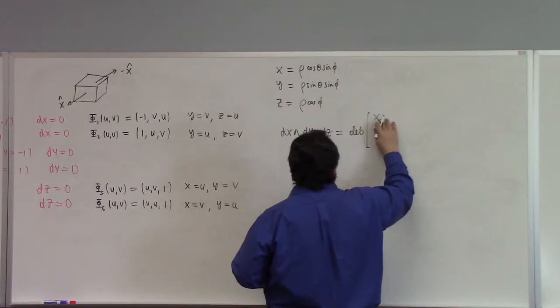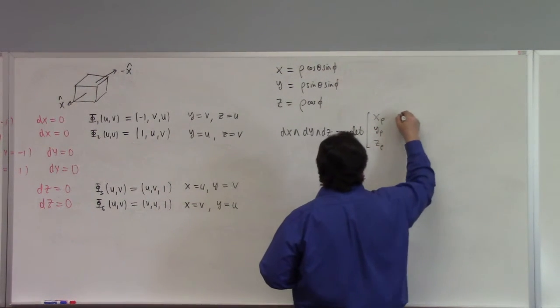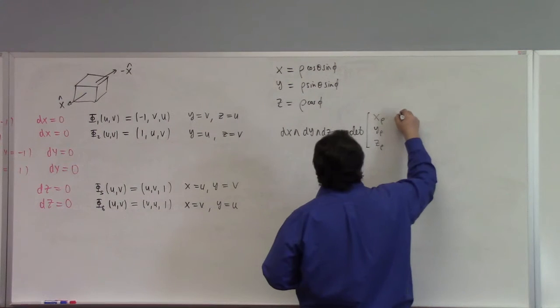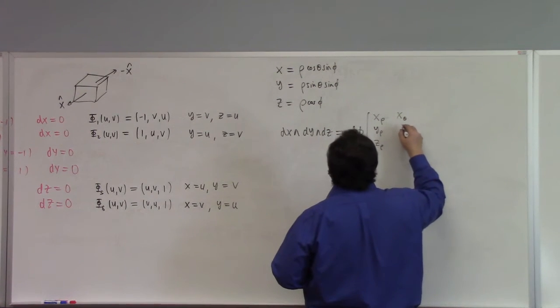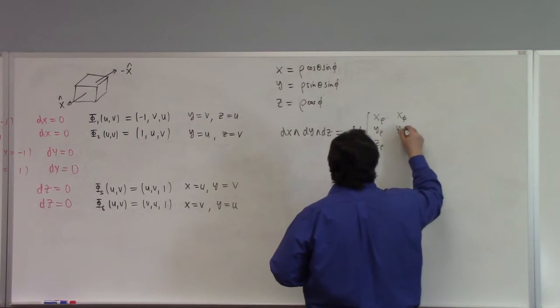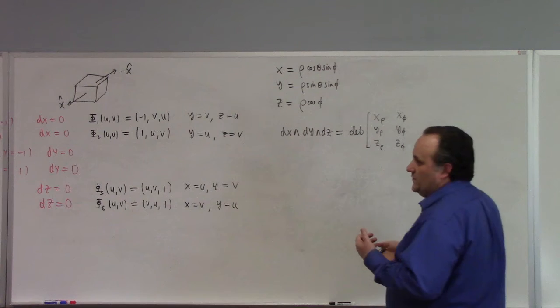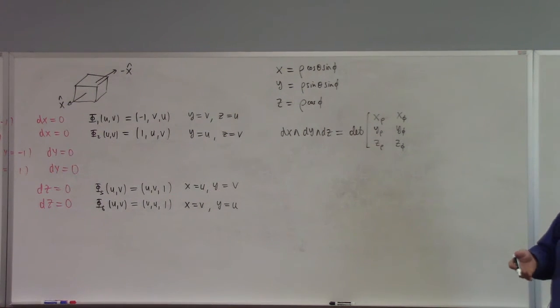So you got your x rho, y rho, z rho, x theta. Oh, my bad. I'm supposed to do x phi, y phi, z phi. My inclination is to put theta first, but it's wrong.